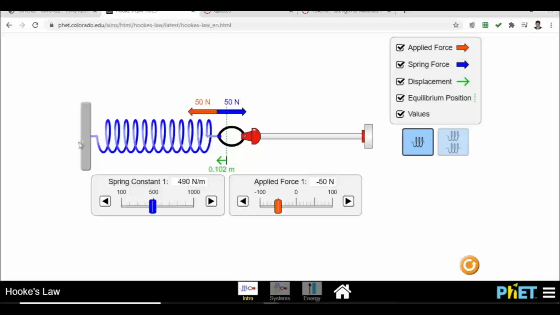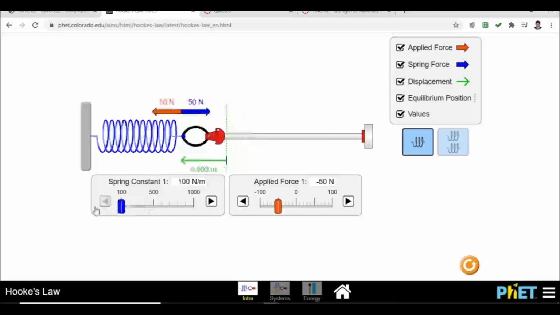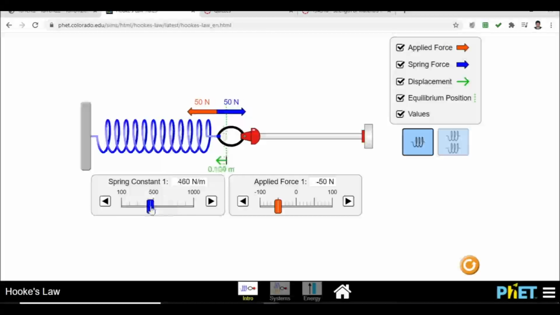So 12 is the number of turns. So in the simulator, the number of turns is always 12. And the mean diameter of the spring is also kept constant. So irrespective of the stiffness, here in the simulator, the mean diameter of the spring is kept constant.